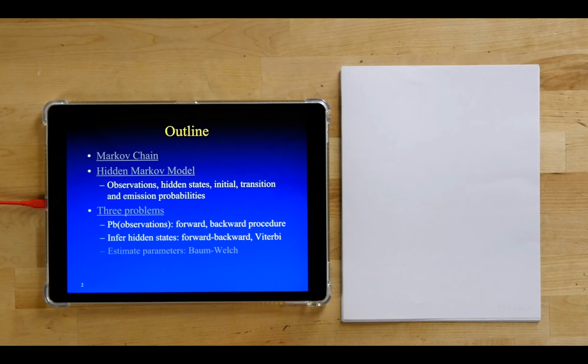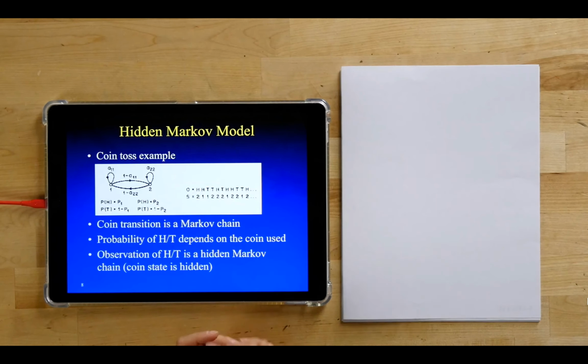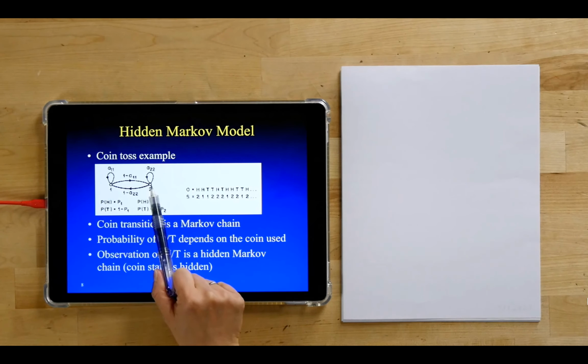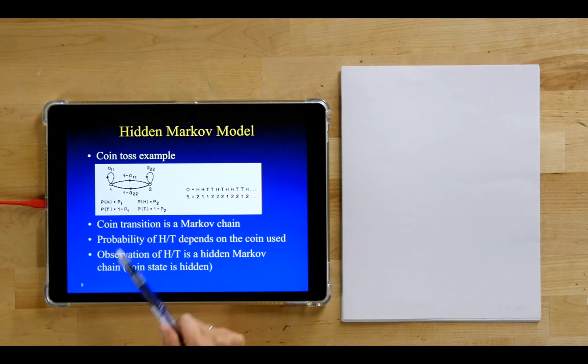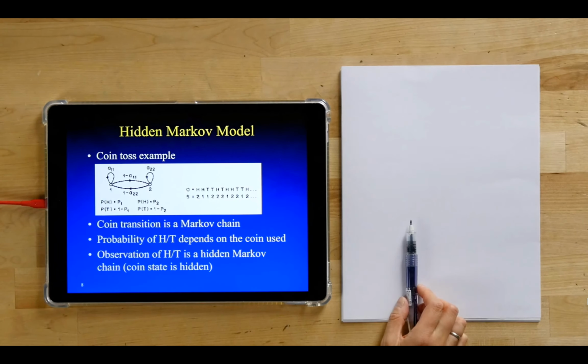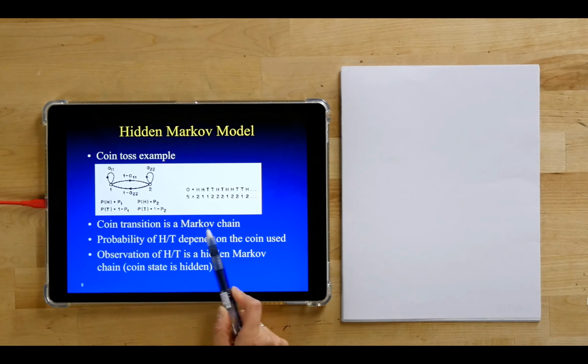So we've talked about the Markov chain. What is a hidden Markov model? A hidden Markov model is different in that we still have this coin flip example. There is a fair coin, which in this case is 1, and an unfair coin, which in this case is 2, and we are switching back and forth to do coin flips using different coins. So the coin transition is a Markov chain.